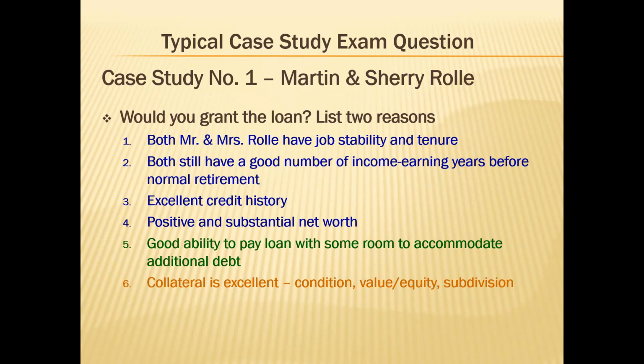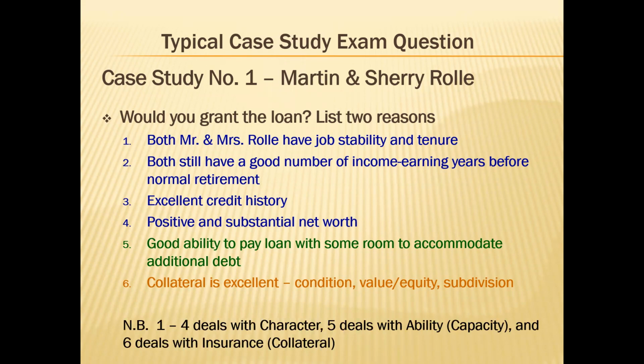The range is from $235,000 to $495,000, and this property is $275,000. So the collateral is excellent, right? Again, you'll note that 1 to 4 deals with character. Item number 5 deals with ability or capacity, and 6 deals with insurance or collateral. Okay, we're going to come back to that in a moment.